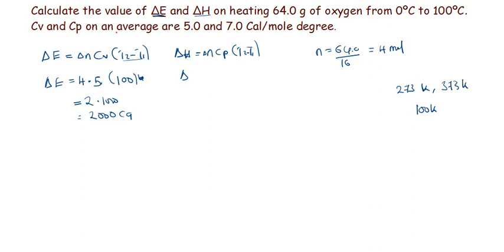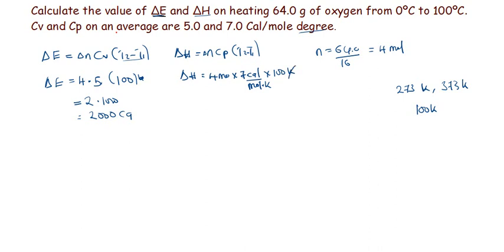We know enthalpy will be given as the change in number of moles, which is 4 moles, times CP, which is 7 calories per mole, then times the change in temperature, which is 100 Kelvin.